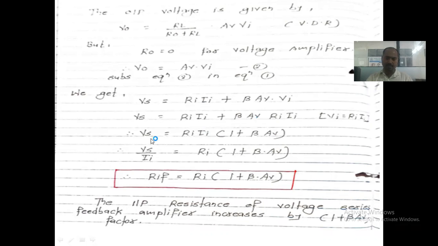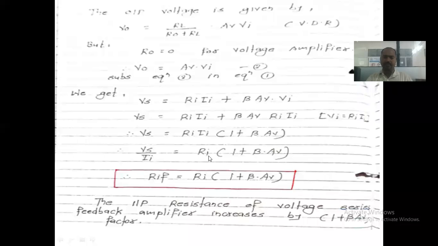So Vs as it is, and Ii we know V upon I. Taking Ii to the other side, it becomes a division. So Vs upon Ii equals Ri into 1 plus beta AV.